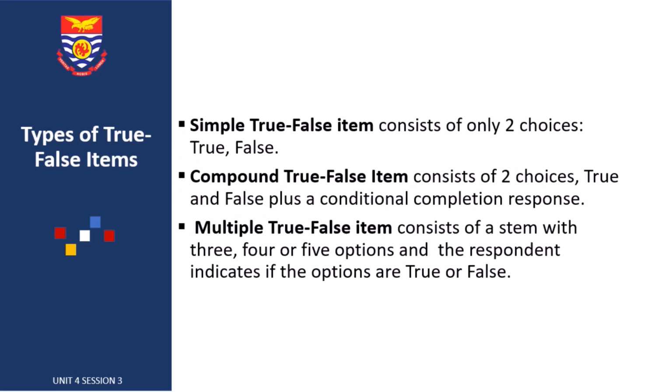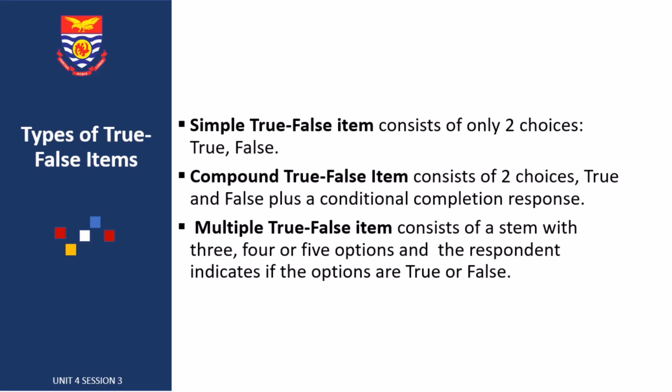Okay. So, types of true-false items. One is the simple true-false item. It consists of only two choices, that's true or false. We have the compound true or false item. It consists of two choices, true and false, plus a conditional completion response. So here the respondent is required to indicate whether a statement is true or false.